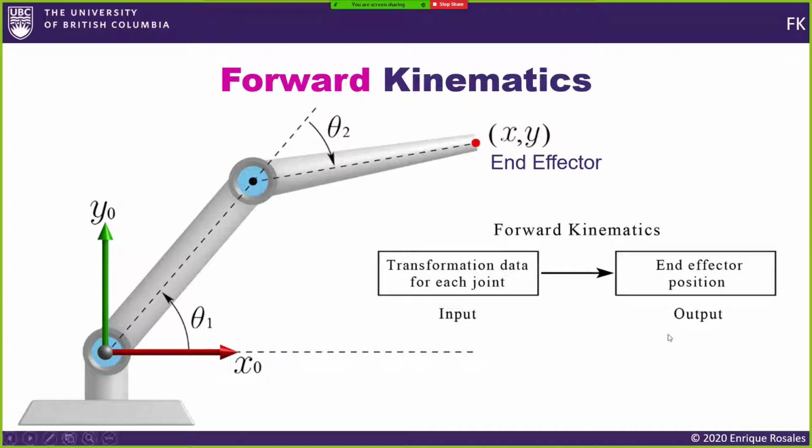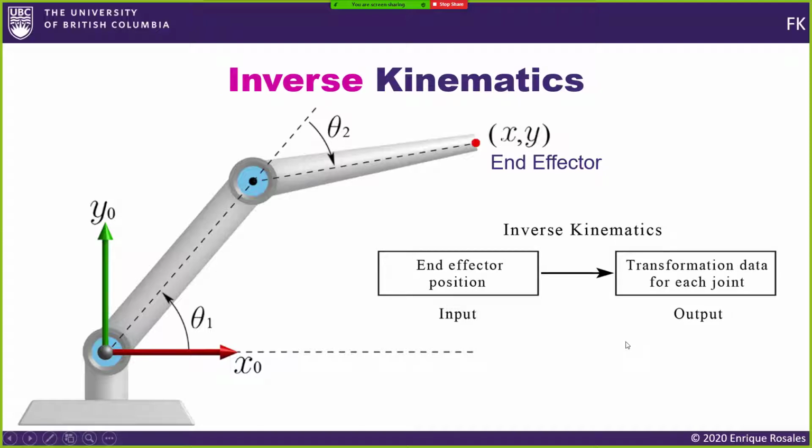Good. So what is inverse kinematics? That is forward kinematics. Inverse kinematics is exactly the opposite. Instead of having the transformations as input and getting an end effector position at the end, in inverse kinematics we have the end effector position and we need to compute the transformation data.